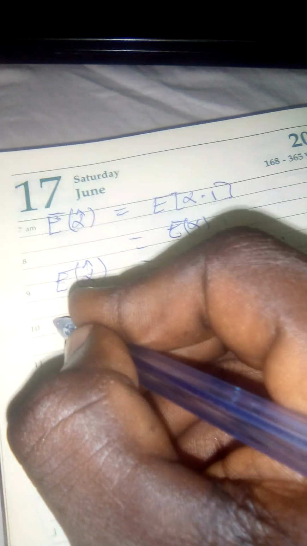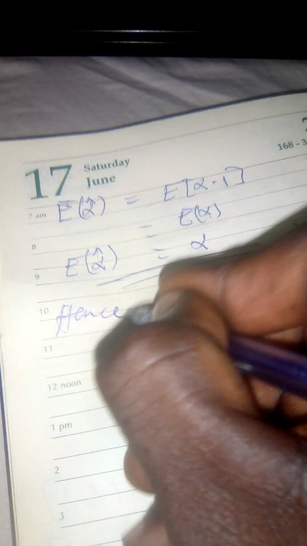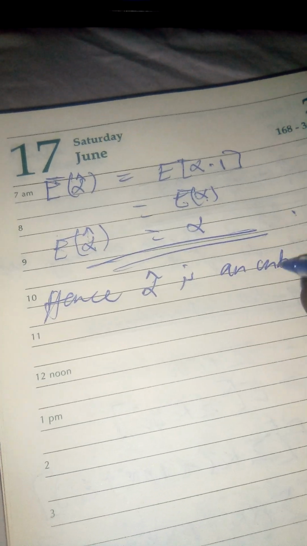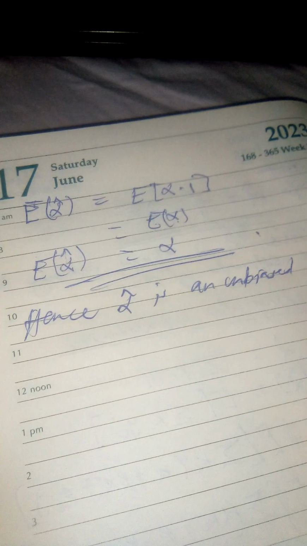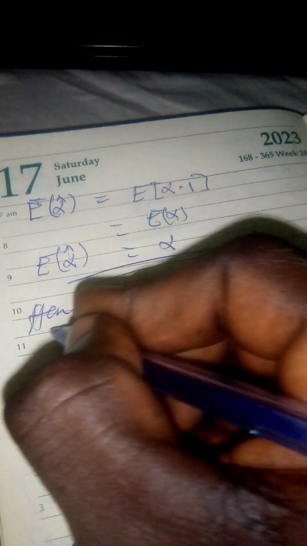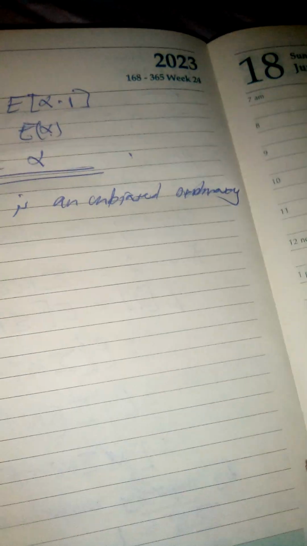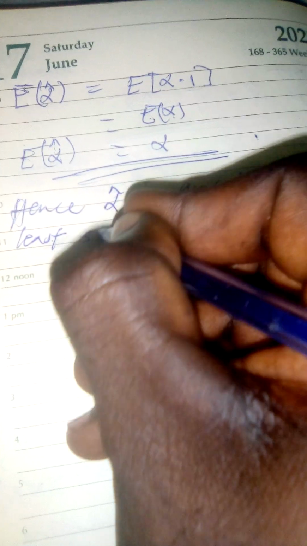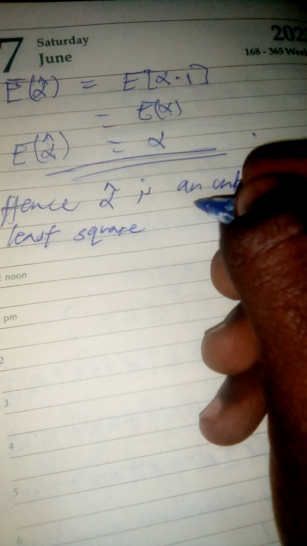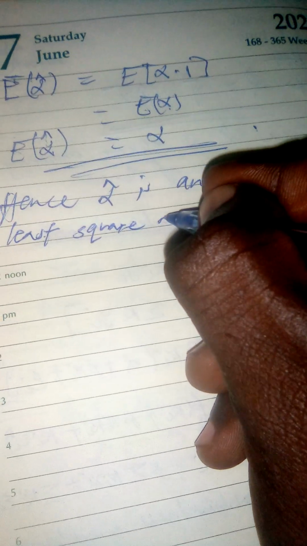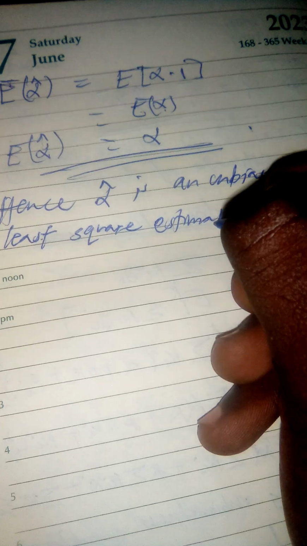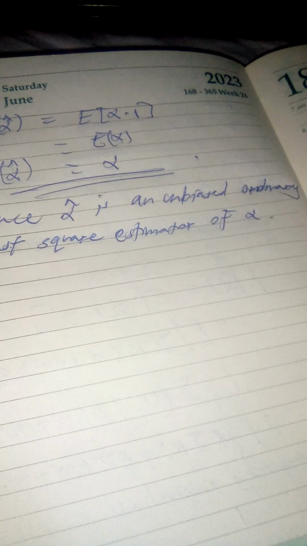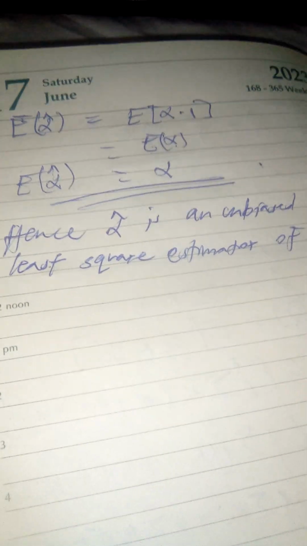Hence, alpha hat is an unbiased ordinary least squares estimator of alpha.